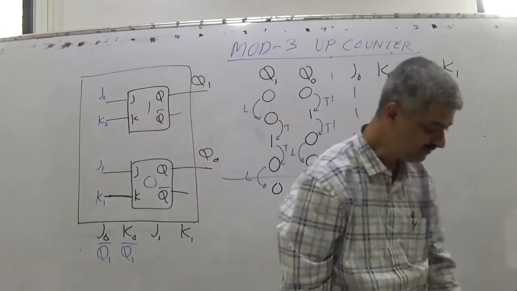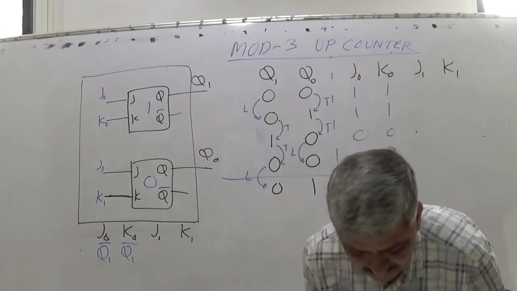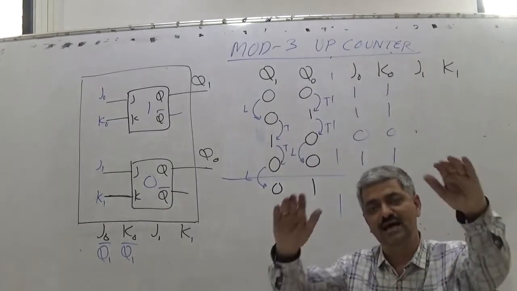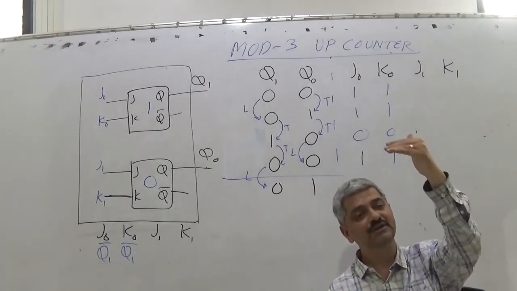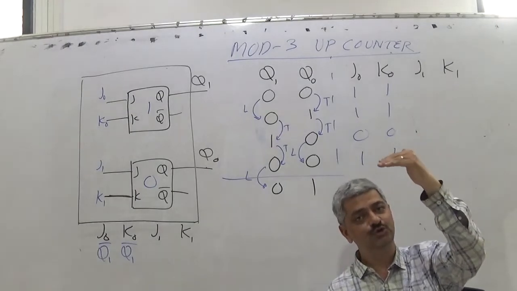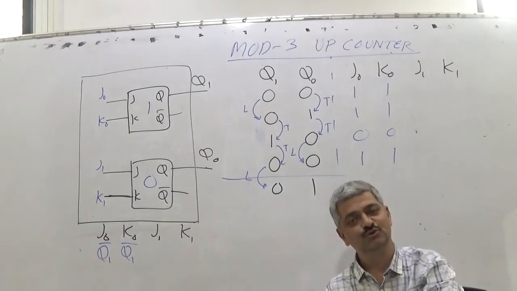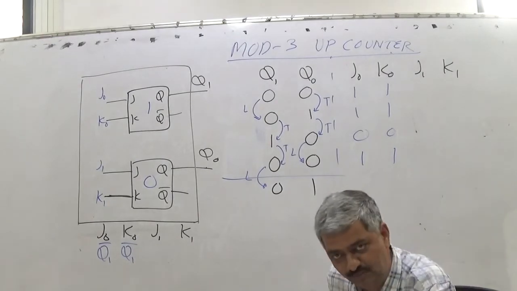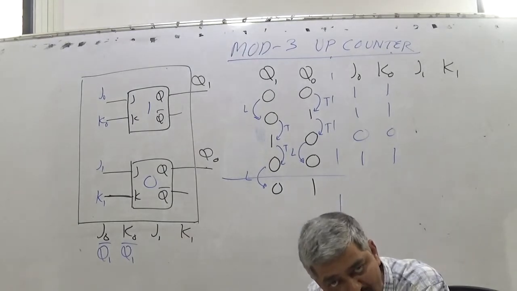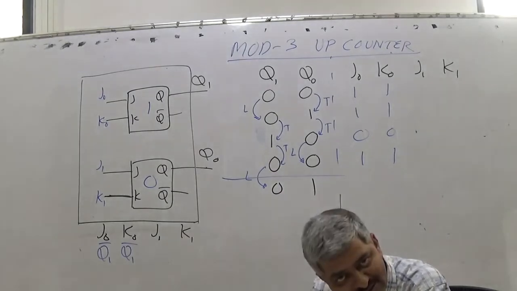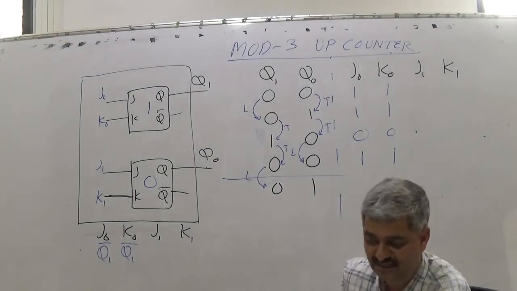So remember, what do we want to design? We want to design what should be J1 and K1. So how flip-flop number 1 should determine its output after a given state. Both Q0 and Q1 can play a role in deciding J0 K0 as well as J1 K1.